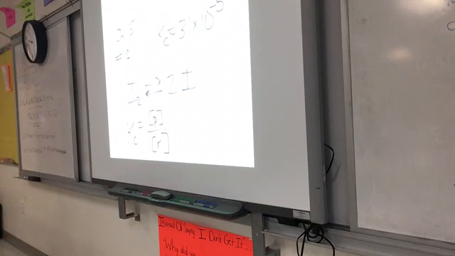Okay, so if you look at B, it says, assuming both forward and reverse are elementary processes, which reaction has the larger rate constant, forward or reverse?